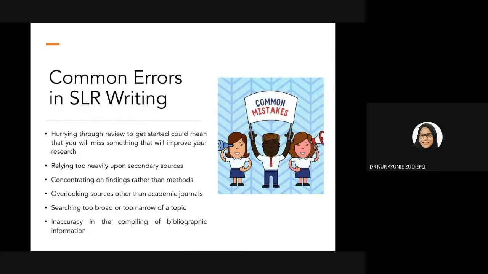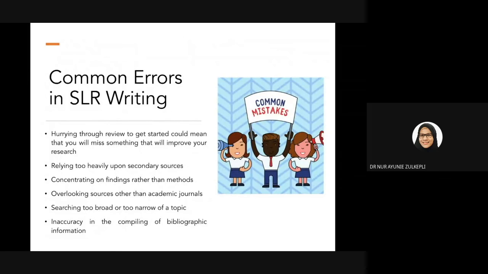Okay, and also concentrating on findings rather than method. Some forget that method actually contributes to constructing an effective SLR as well. So you need to focus on the study design that has been proposed before. And some of you may be overlooking sources other than academic journals.